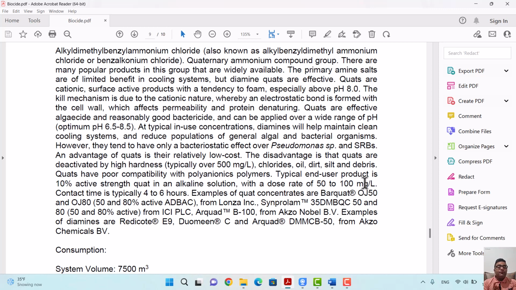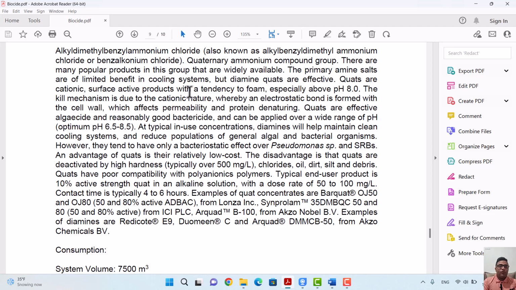For about 3 months, I used quats as a non-oxidizing biocide for my cooling water systems, and I have some first-hand experience with them. As I stated, when I first injected the quat into my system, I saw some foaming, a tendency to foam.